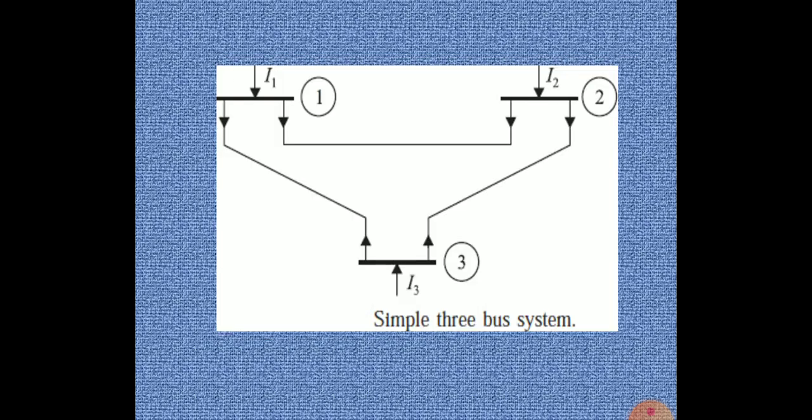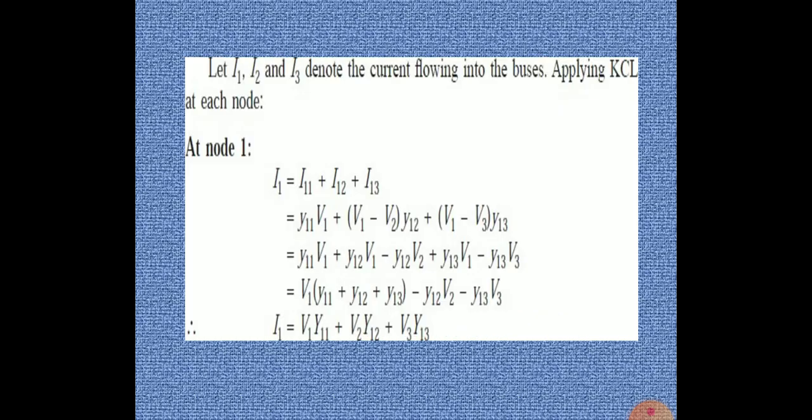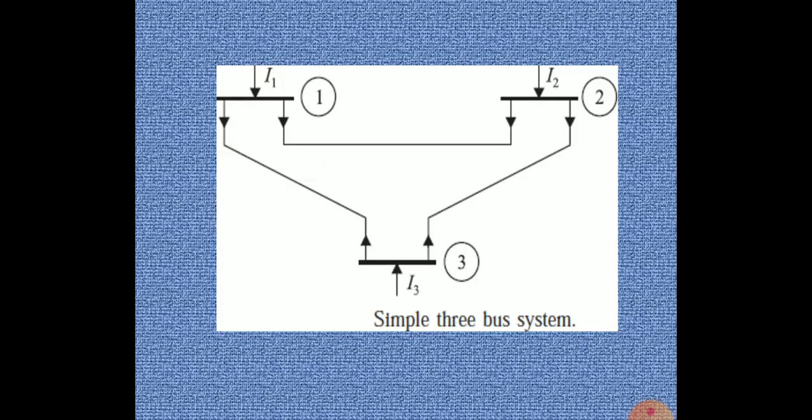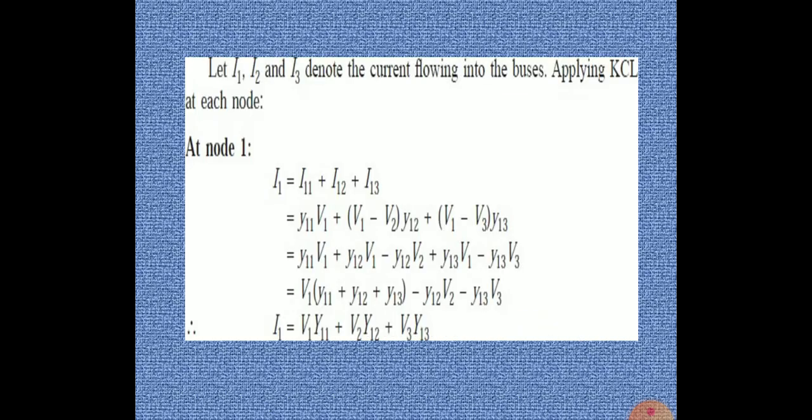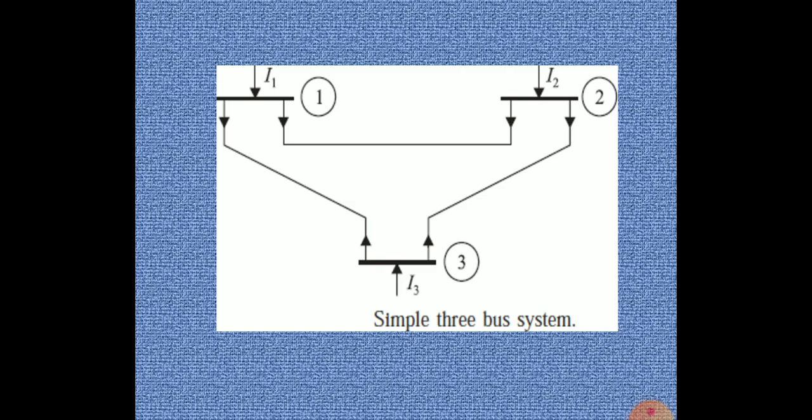First coming to node 1, if you apply KCL, what is the KCL definition? The sum of incoming current must be equal to the sum of outgoing current. So incoming current is I1 and outgoing current is I11 plus I12 plus I13. This current value we have to write in terms of the buses connected to bus 1.